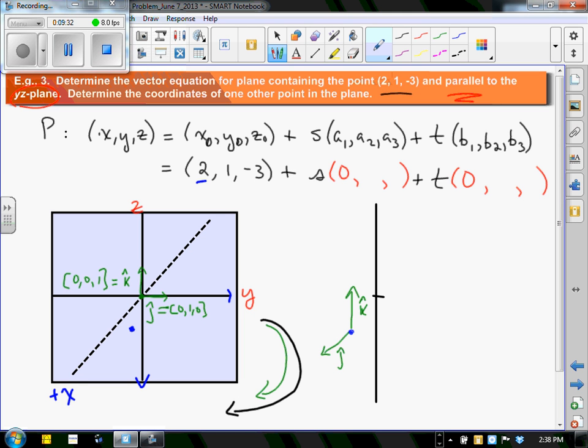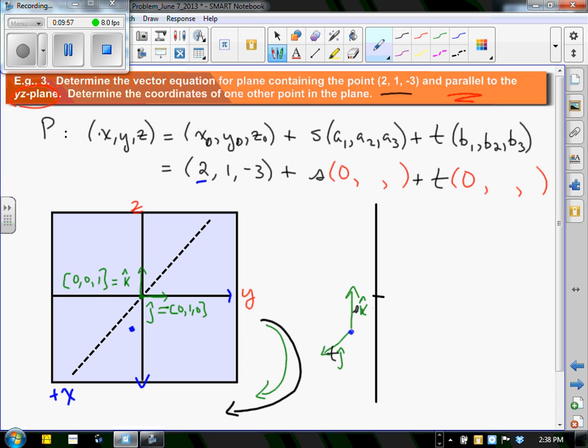The only thing is that for the plane itself, we can't just use the basis vectors. We need to scale them. This is where the parameters s and t come in. Let's now say that these are not of unit length, but we have sk, and here we have tj. So we're scaling them out.